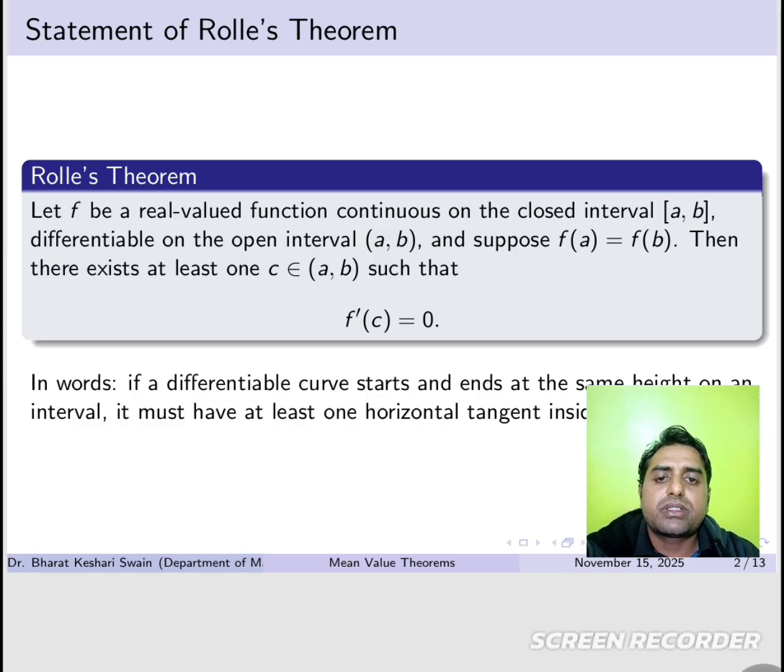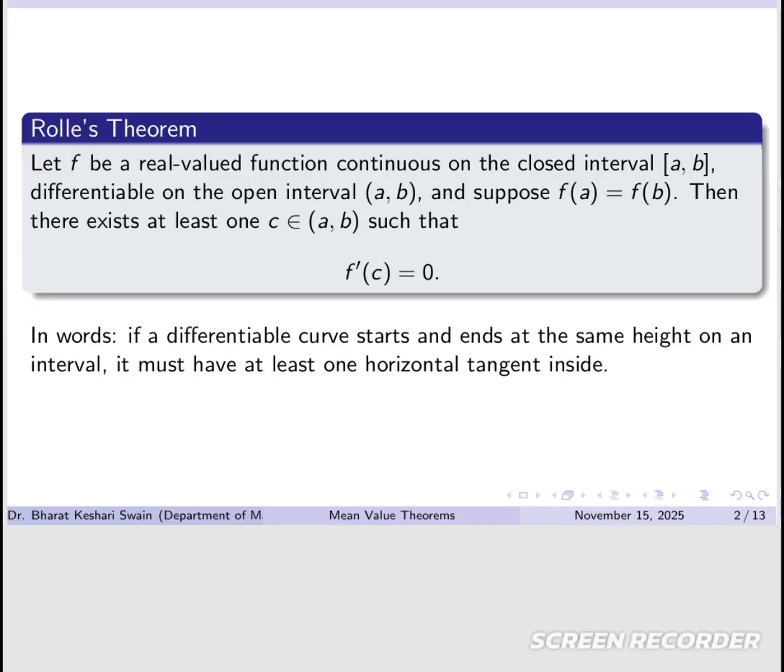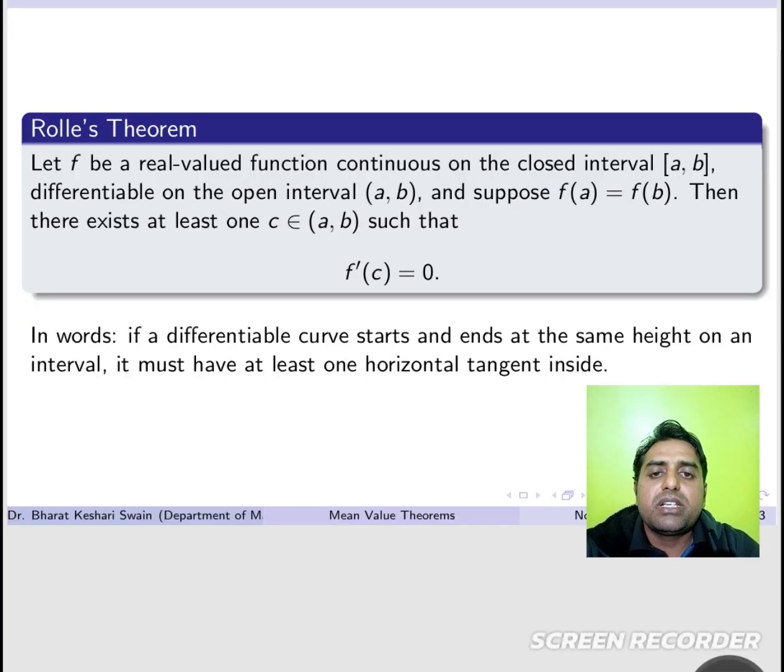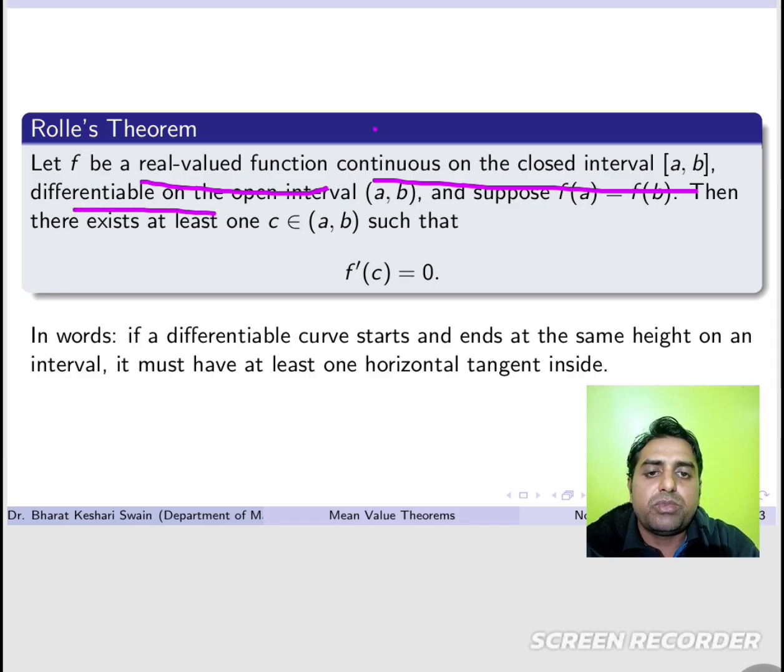In other words, if I say in words, what are the conditions? First, it is a real valued function and it must be continuous on the closed interval [a, b]. Next, it is differentiable on the open interval (a, b).